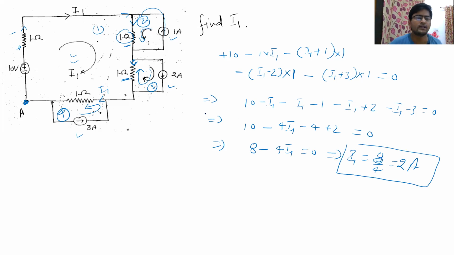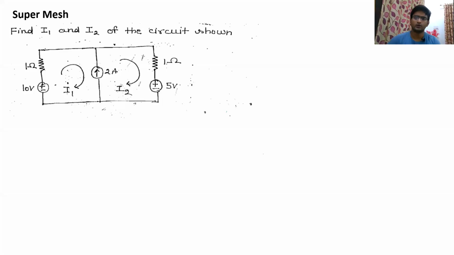So now I think you are getting the idea how to solve circuits using mesh analysis. Now, in a special case of mesh analysis, when there is a current source which is in the common branch of two meshes, then it will not be possible to write a KVL equation in individual meshes like this, because generally the voltage across the current source is not known, right?